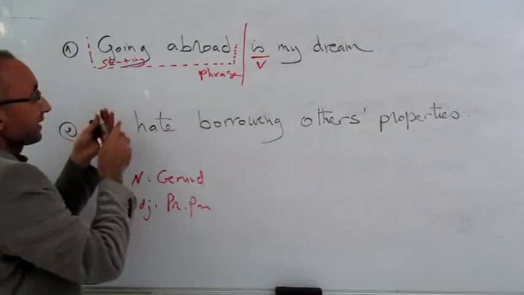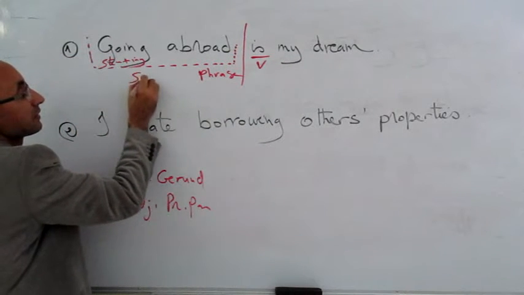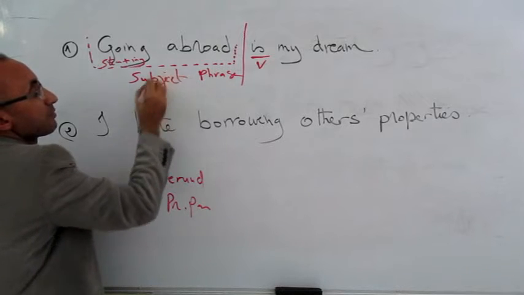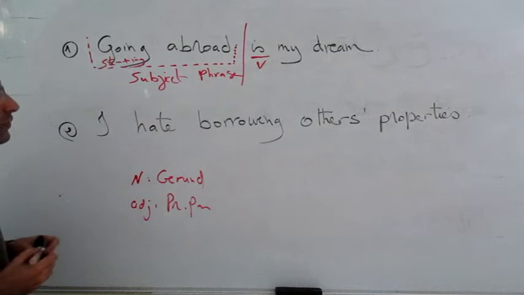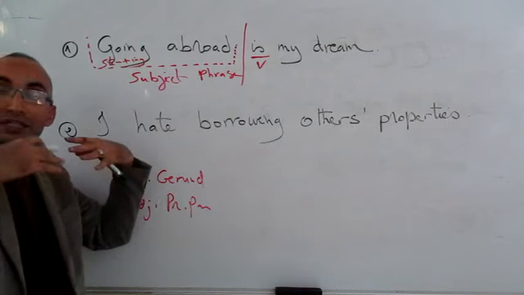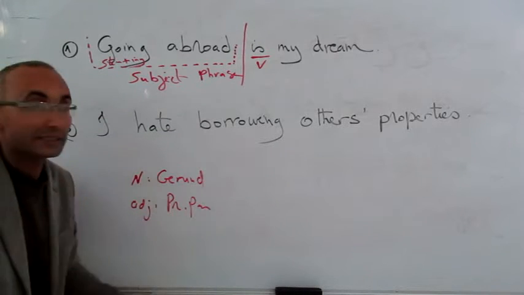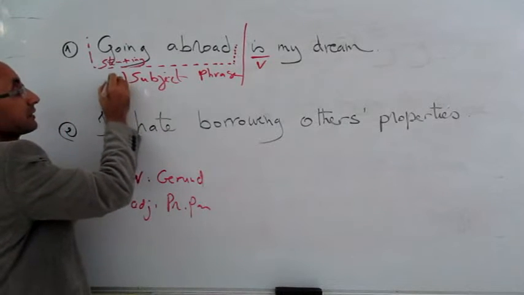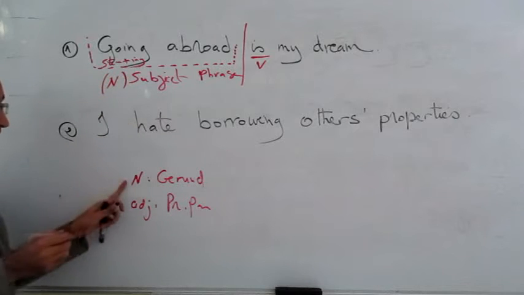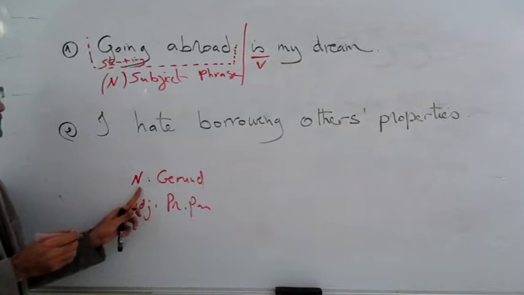So here, going abroad is my dream, all this phrase acts as my subject. And we know that in English, the subject is a noun. It is a noun here. Clear?